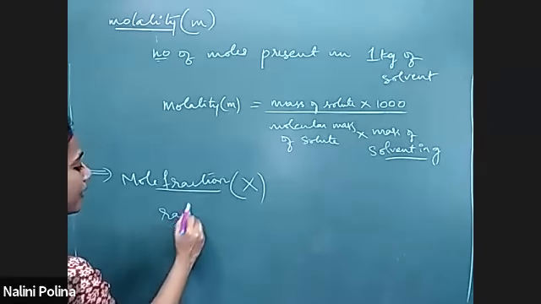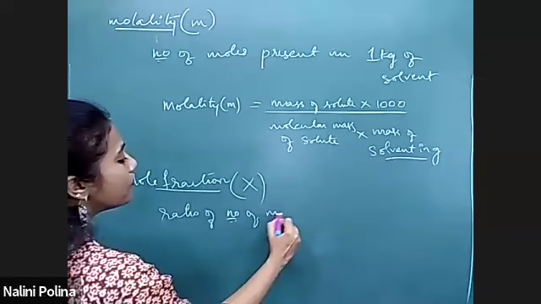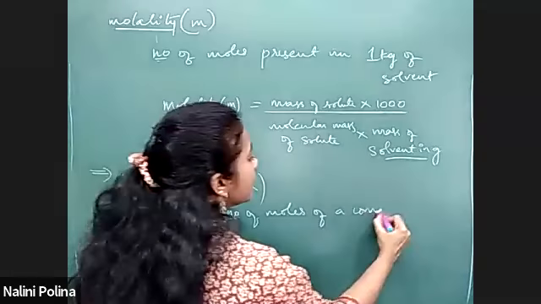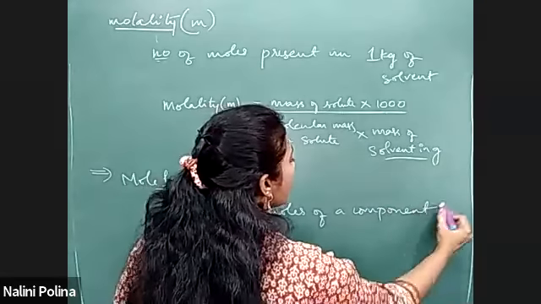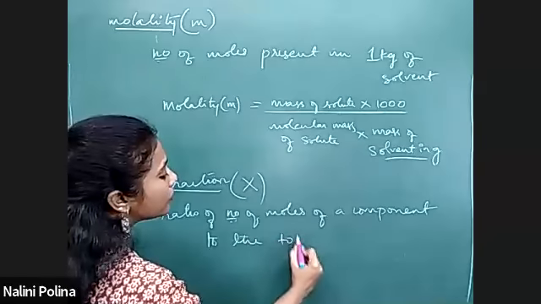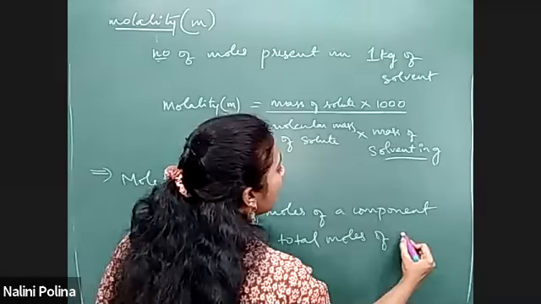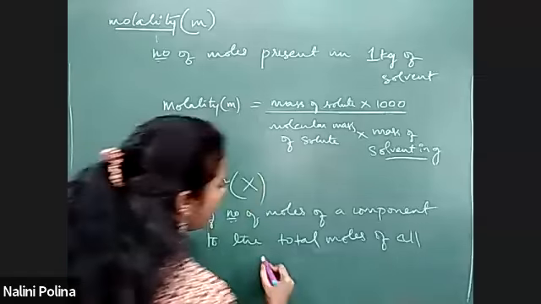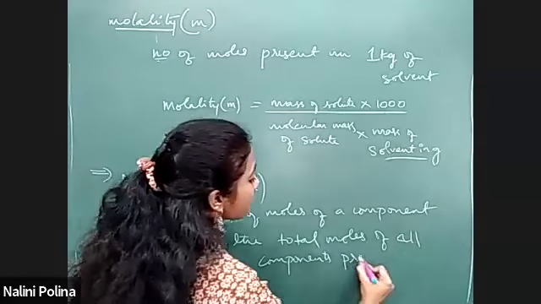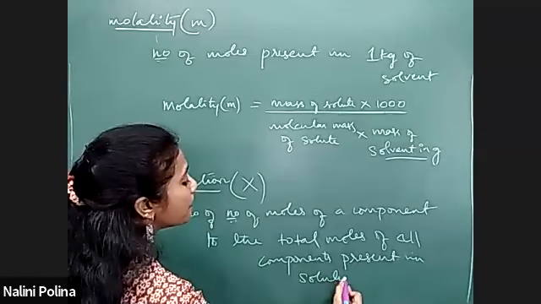It is nothing but the ratio of the number of moles of a component to the total moles of all components present in a solution, and that is called mole fraction.